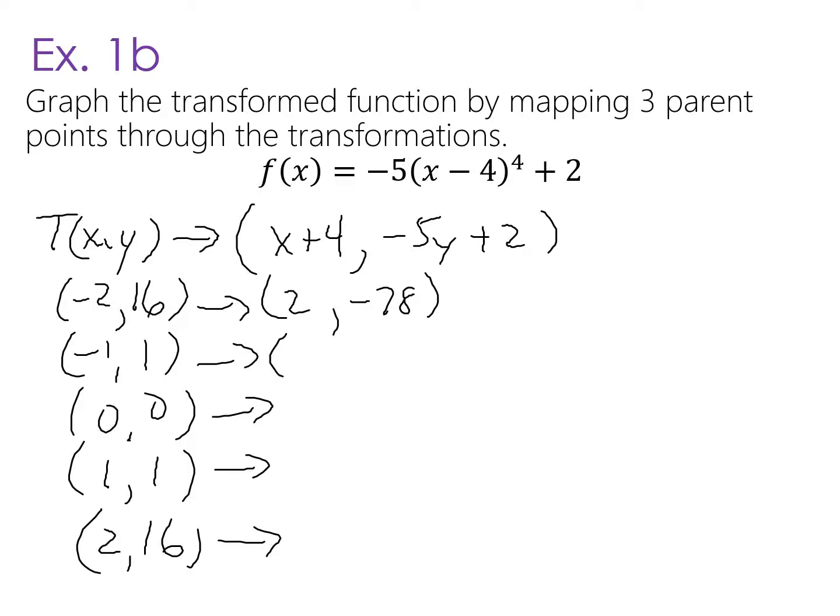Next one, negative 1 plus 4 is 3. 1 times negative 5 plus 2, negative 3. 0, 0 is going to give you 4 and 2. 1, 1 is going to give us 5 and negative 3 again.